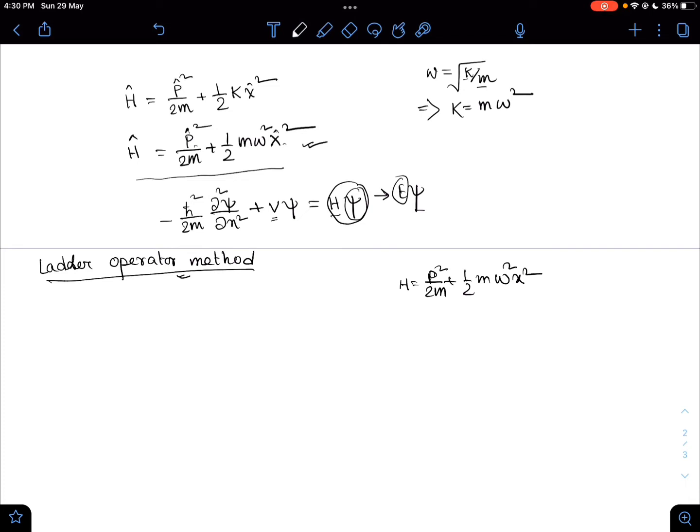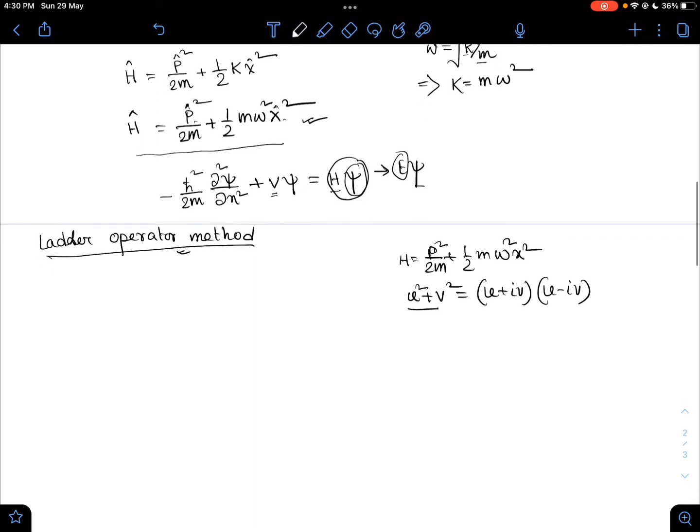So suppose we have the sum of squares of two terms, u squared plus v squared. We can write this as u plus iv into u minus iv. How can we write this? This will give us u squared, this one will give us v squared, and we have i(uv minus vu). If u and v are numbers, then this term will be 0.